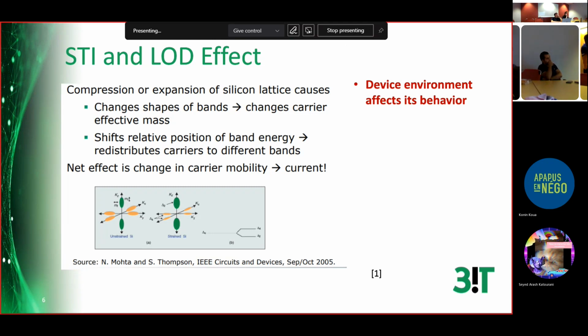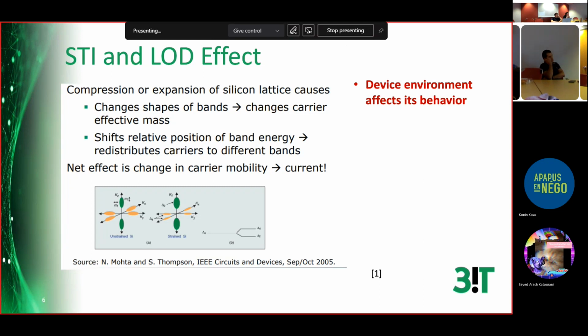You have some trench to isolate your device from the other substrates. STI, I think, stands for shallow trench isolation. So it's the same thing as your well. You can consider that one as an edge.